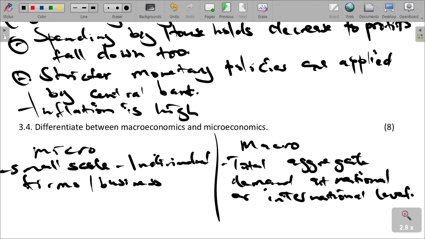We need to understand that macro focuses on the end results or aggregates of all repeated micro activities. That is, economic changes in the overall economy are influenced by decisions of millions of individuals and businesses.